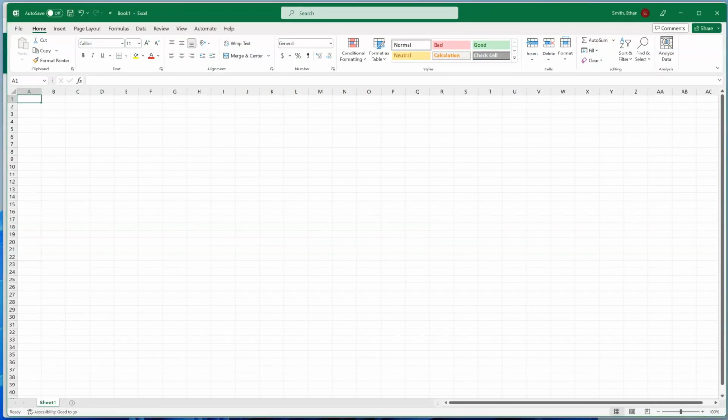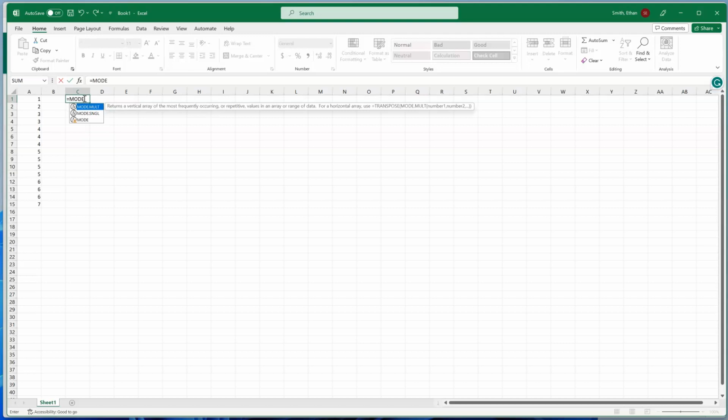I wanted to take a moment and bring up Excel to just show you. So if we had, I'm just going to make up a list of numbers here. And so in Excel, if we do equals, which calls a function, and do mode, we're going to have this autofill, and we see we have two mode functions.